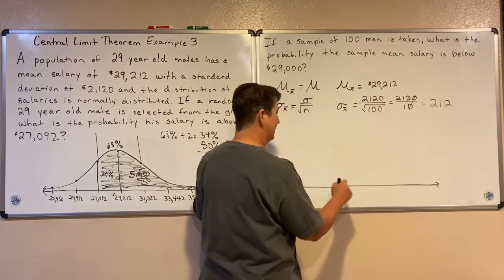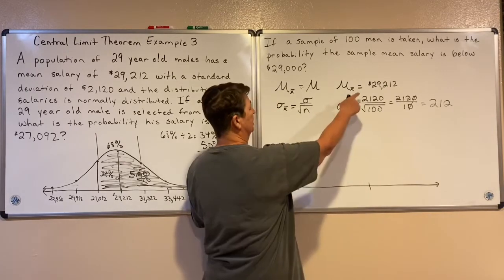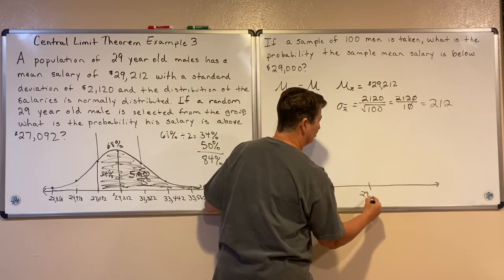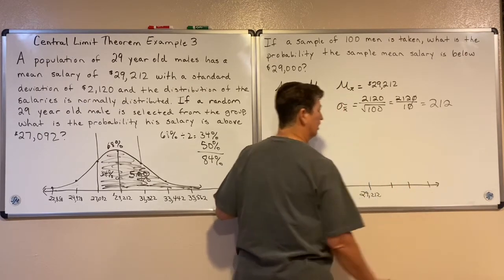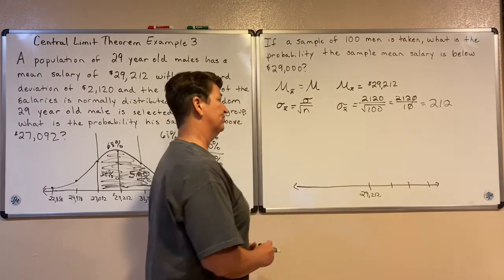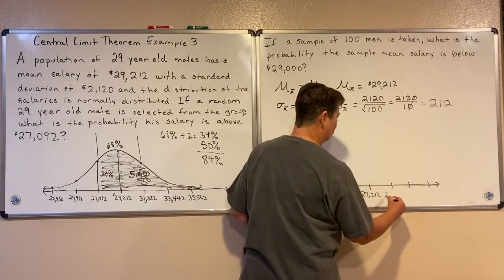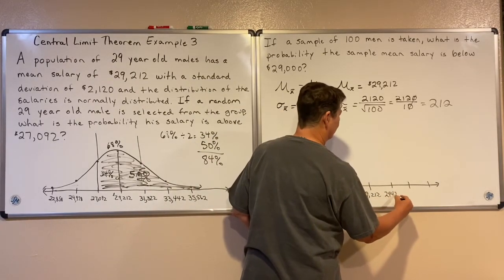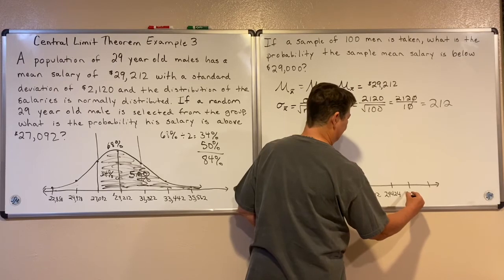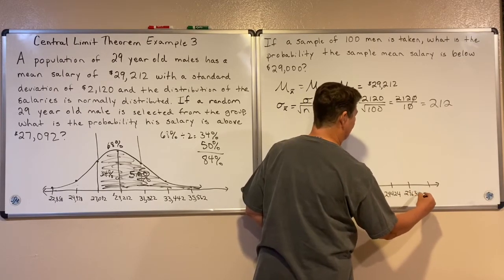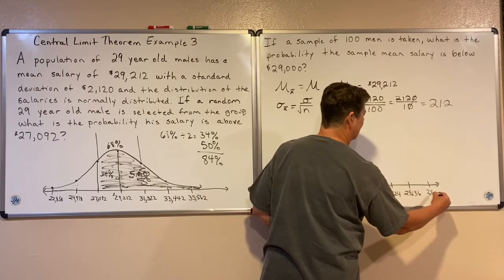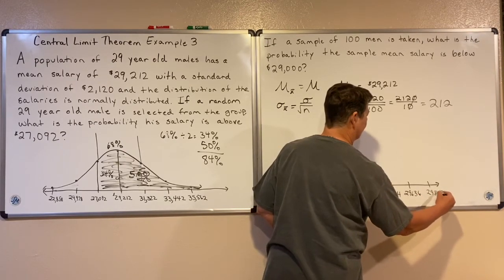We know that the mean of this distribution is 29,212. I'm going to do the same thing I did before, where I add on my 3 standard deviations. So I'm at 29,424, and then 29,636, and then 29,848.